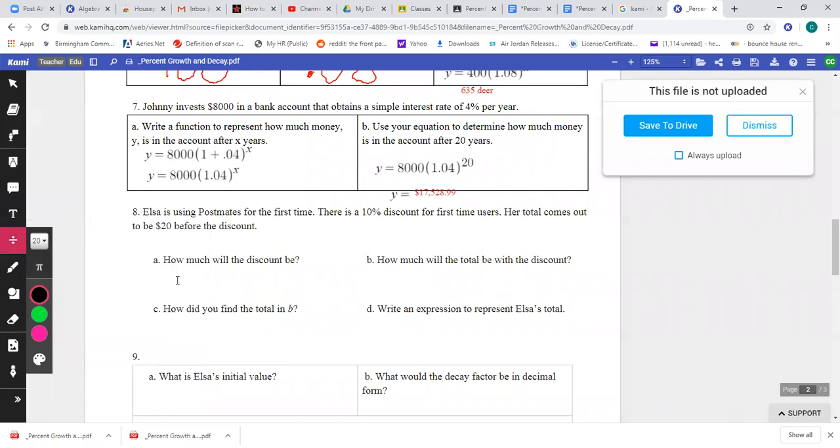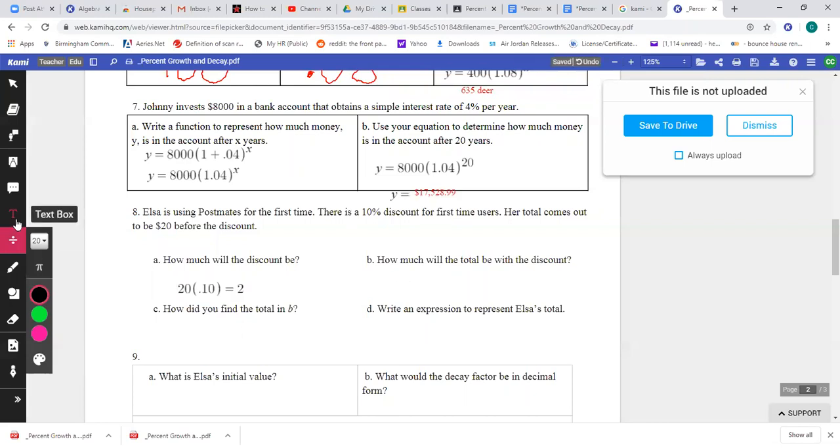You just do 20 and multiply by 0.10, and you get 2, right? The only thing that's different is it's a discount now. So you're just subtracting instead of adding.